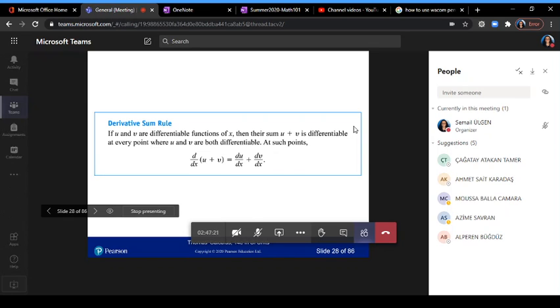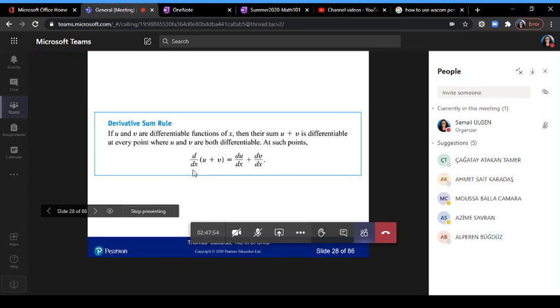Next rule is the derivative sum rule. If you have two functions that are differentiable at x, their sum is going to be differentiable at every point where u and v are both differentiable. At such points, we will be able to write the derivative of u plus v as the derivative of u with respect to x plus the derivative of v with respect to x.